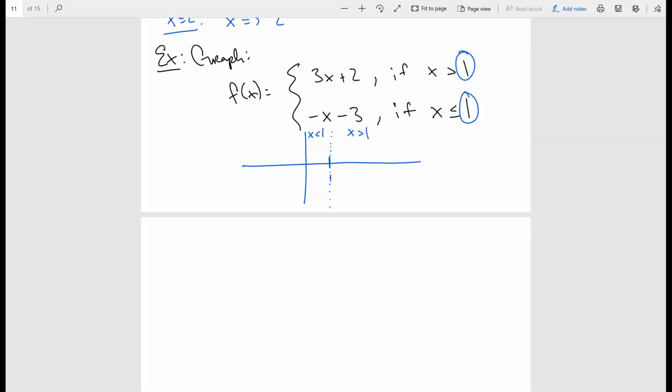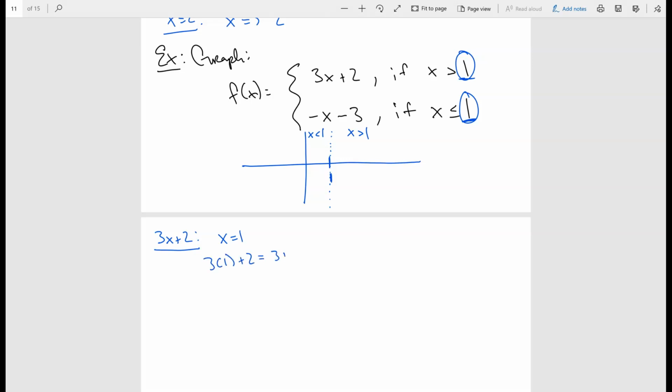All right, so now let's go ahead and take a look at it. Let's see what's happening at 1. So at 1, let's check what happened. Notice that both of them have a 1. Some of them are included, some of them are not. Let's start off with the 3x plus 2. I'm going to plug in the 1, and I'm going to get 3 times 1 plus 2.